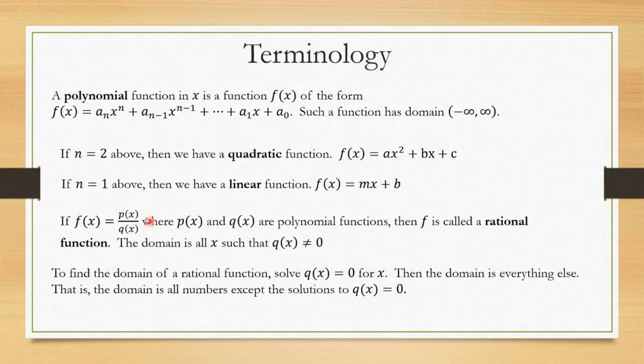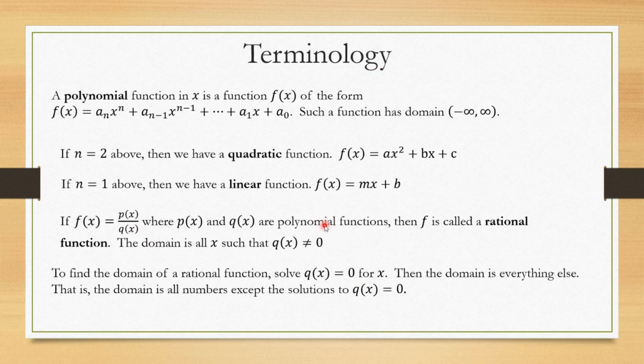The domain here is all x such that the denominator here, q of x, is not 0. And really, to find the domain, it's like what we said before. You set the denominator equal to 0, solve that equation, and the domain is everything else, basically.